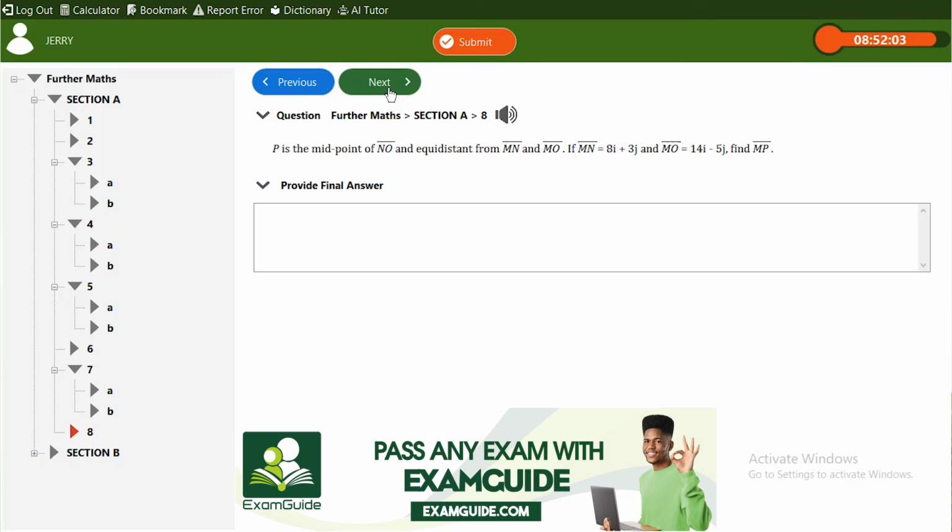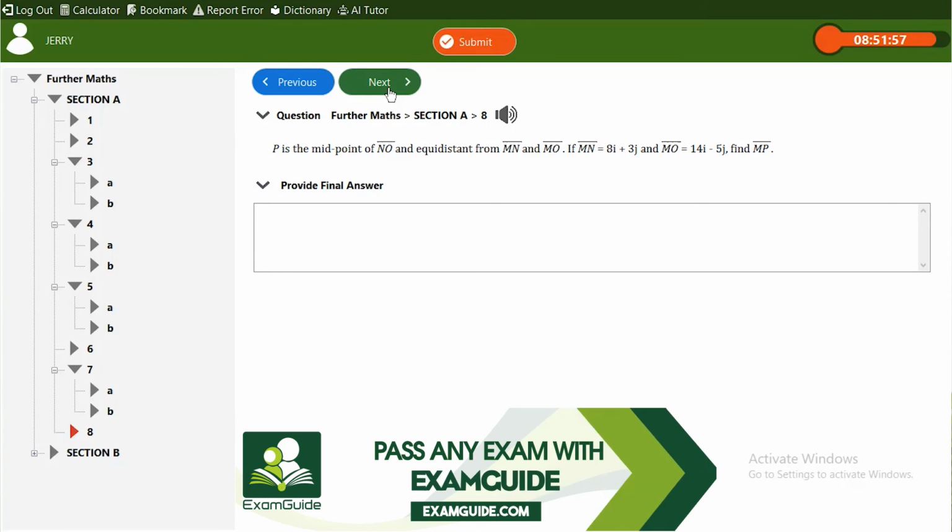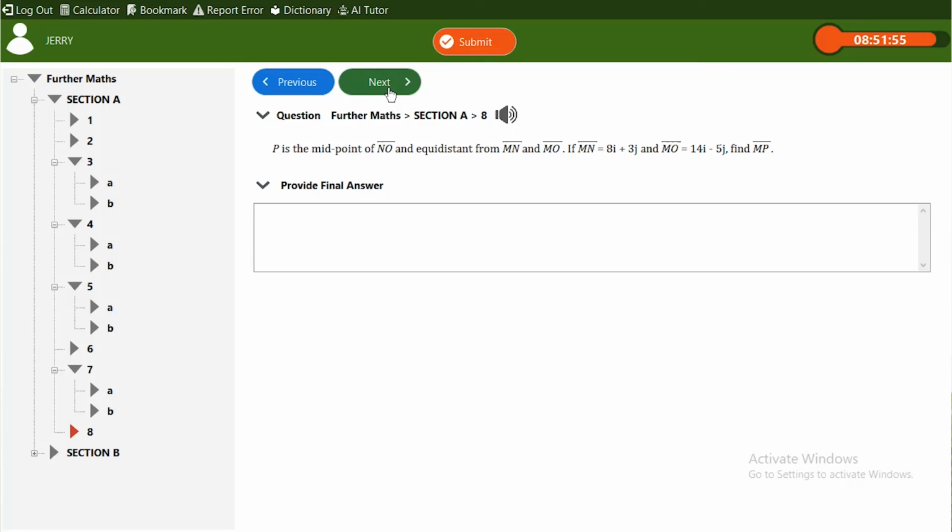The final part of section A, which is question number 8. P is the midpoint of NO and equidistant from MN and MO. If MN is 8i plus 3j and MO is 14i minus 5j, find MP. Good. This is a vector question.